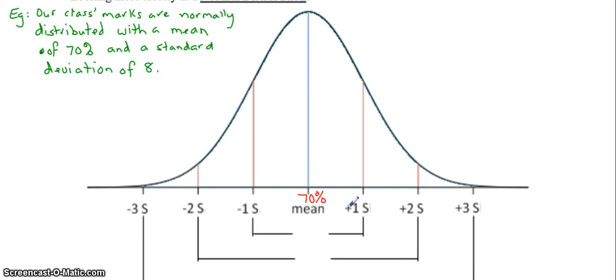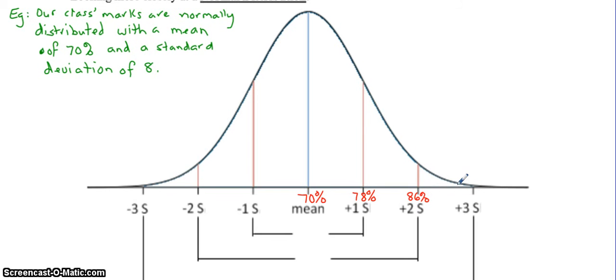Now if we added one standard deviation to that, this is where the bar of 78 would be. If we added two standard deviations, so that would be 70 plus 8 plus another 8, that would be equal to 86. That's where the bar would be that contains 86.